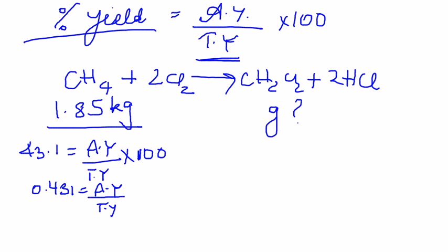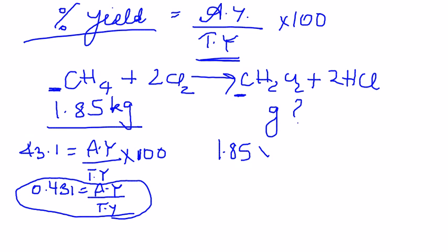This is something which can be written based on the equation that is provided. Now, this is a balanced equation, and you can read that 1 mole of methane gives you 1 mole of dichloromethane. So realize if you're beginning with 1.85 kilograms of methane, then that means 1.85 times 10 to the power of 3, so 1850 grams of methane are available.